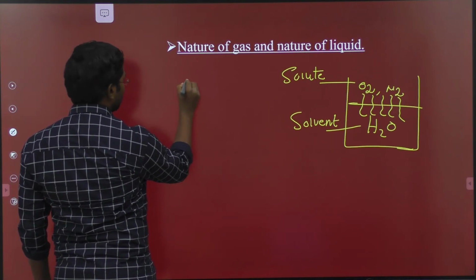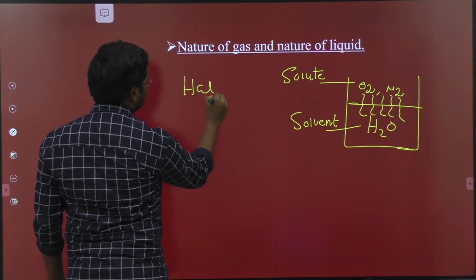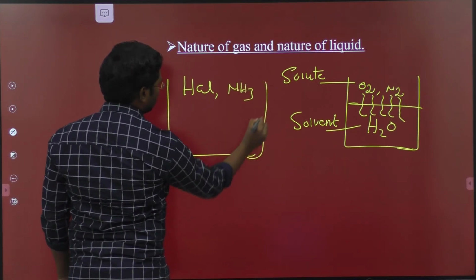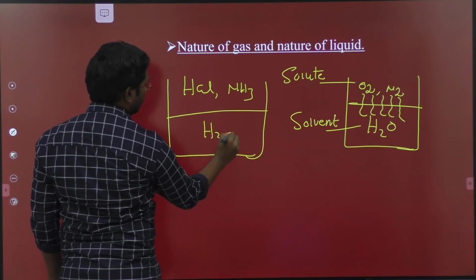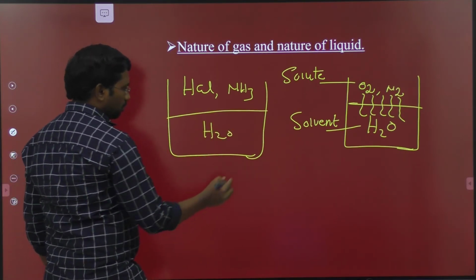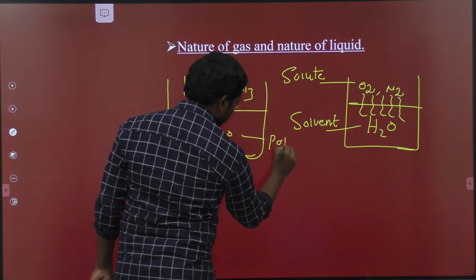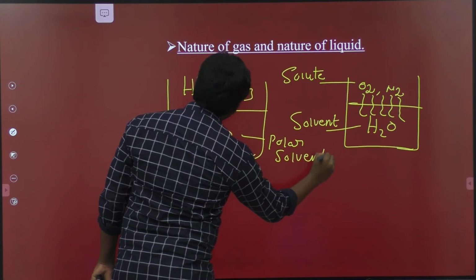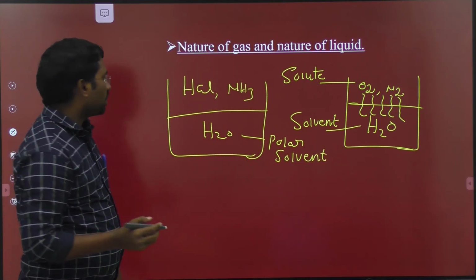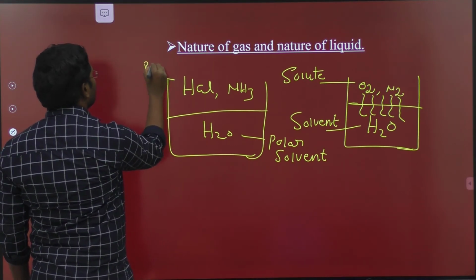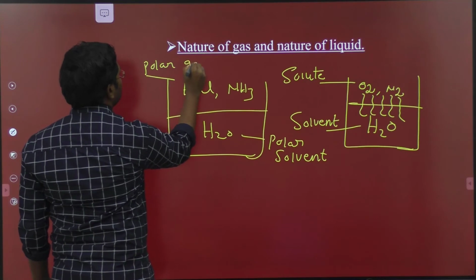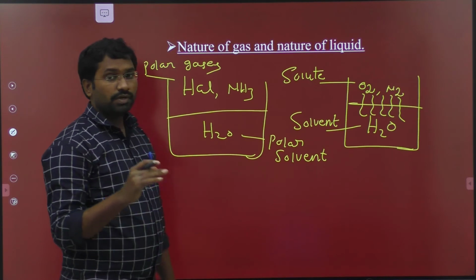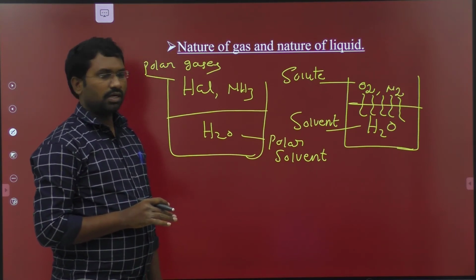For example, if I take gases like HCl gas or ammonia gas, and these gases are passed into the liquid, here water is the polar solvent. HCl and NH3 are polar gases. So the solubility of HCl and ammonia in water is very high.